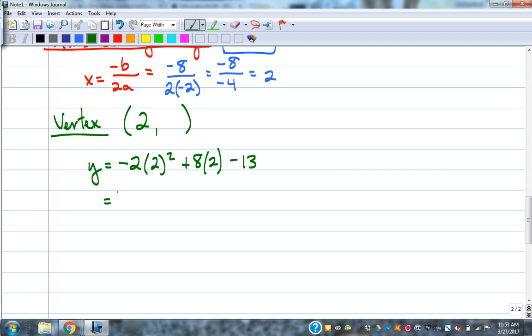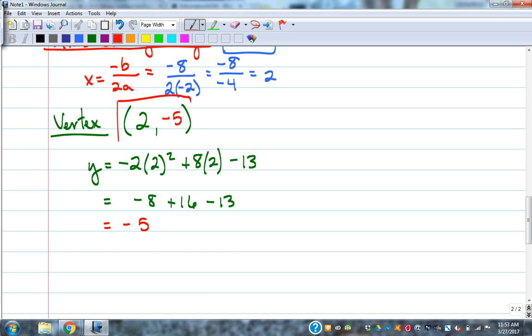And they just work this out. 2 squared is 4. 4 times -2 is -8 plus 16 minus 13. That'd be 8 minus 13, which is -5.